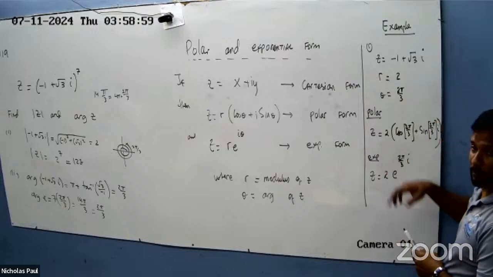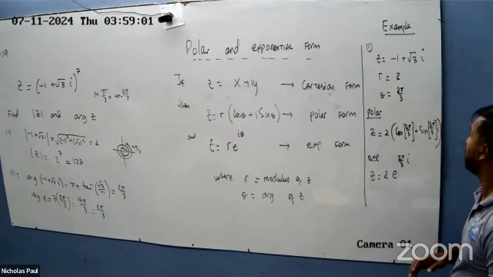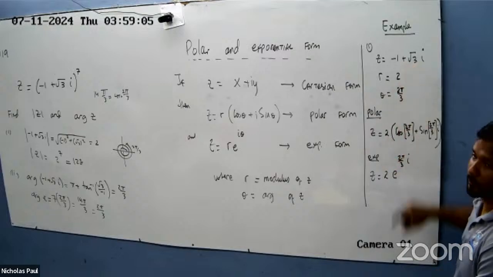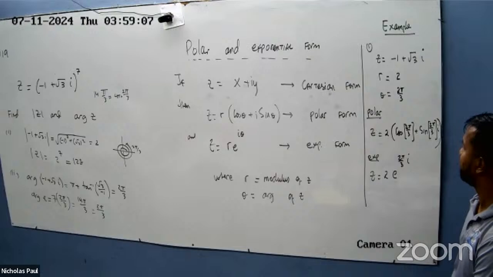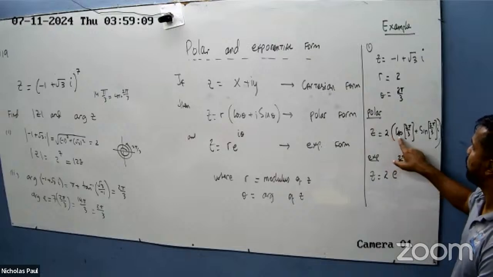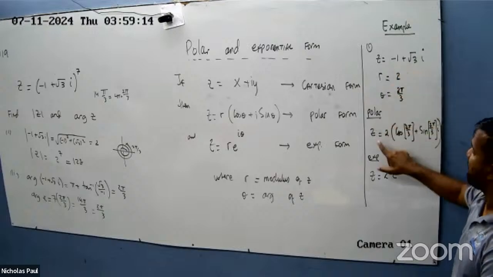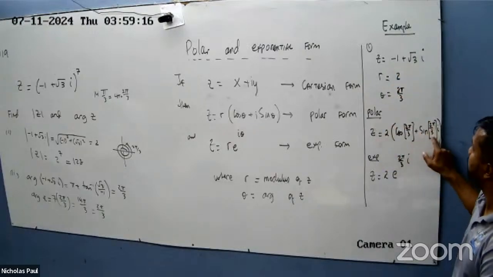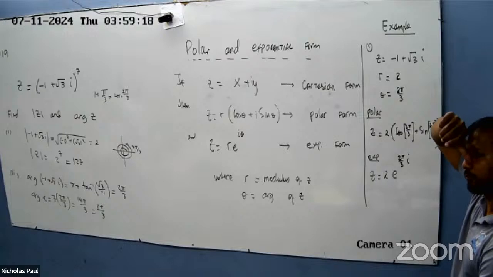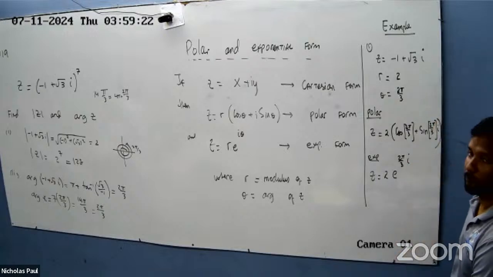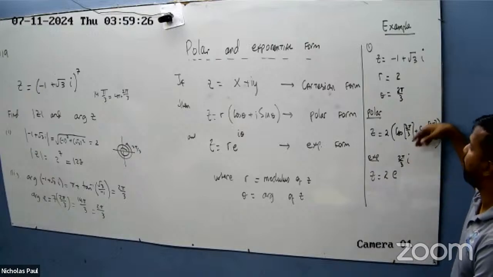If you find 2 cosine 2π/3, you'll get -1. If you find 2 sine 2π/3, you'll get root 3. So again, back to the same form here.